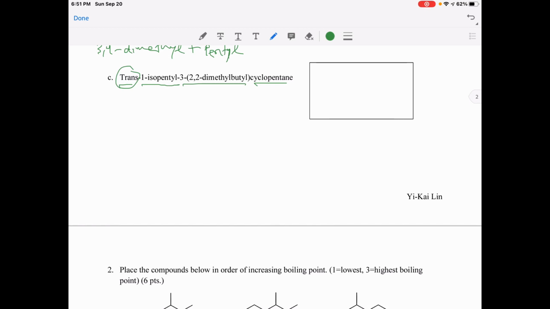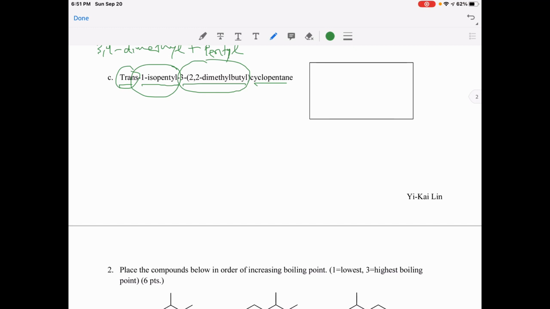The two substituents that we have here, the 1-isopentyl and the 3-(2,2-dimethylbutyl), have a trans stereochemistry. That means that one is going to be going into the page and one is going out of the page, so both of them are not on the same side of the ring.